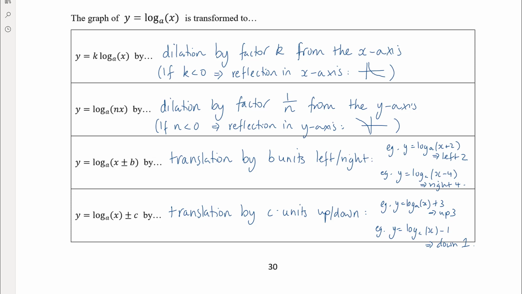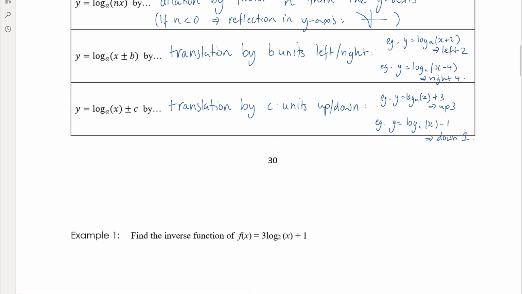Okay, so think about your direction of the curve based on reflections. Think about your translations, particularly where is your asymptote. Calculate x and y intercepts to draw your graph. Okay, dilations don't really have a massive impact on how you draw the graph, although if you were going to draw 2 times log a of x versus 10 times log a of x, you would need to have that relative scale correct. Okay, let's draw some graphs.